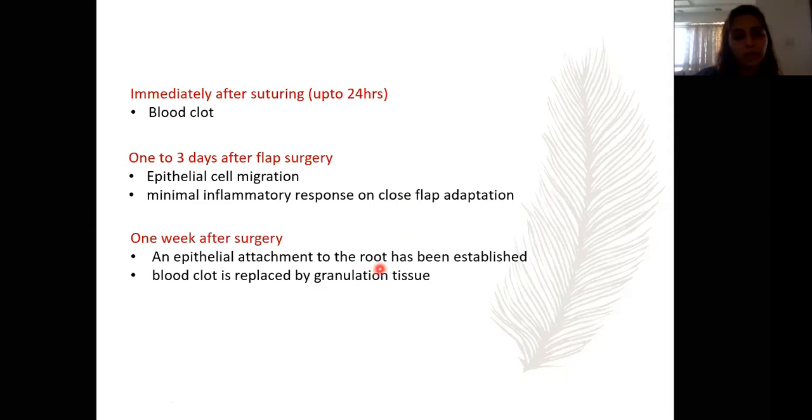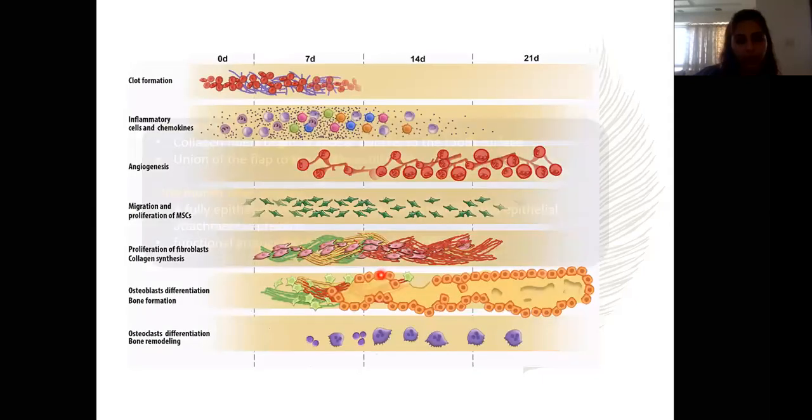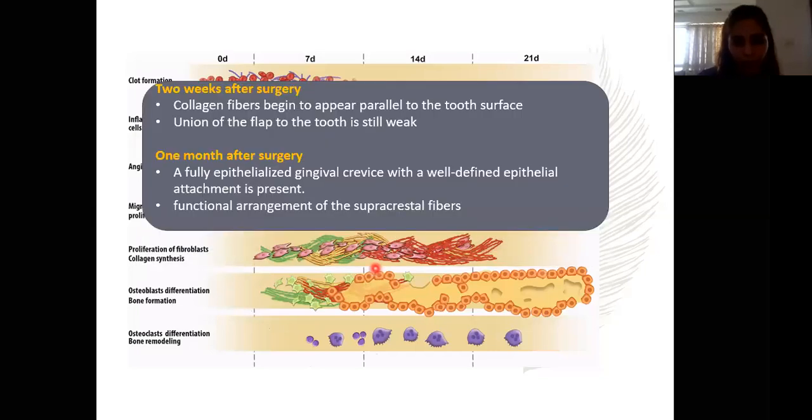Osteoblasts and bone formation begin, with differentiation maximum between 4 to 7 days. Two weeks after surgery, collagen fibers begin to appear parallel to the tooth surface. Union of the flap here is still weak, and that is why we really don't probe so early.